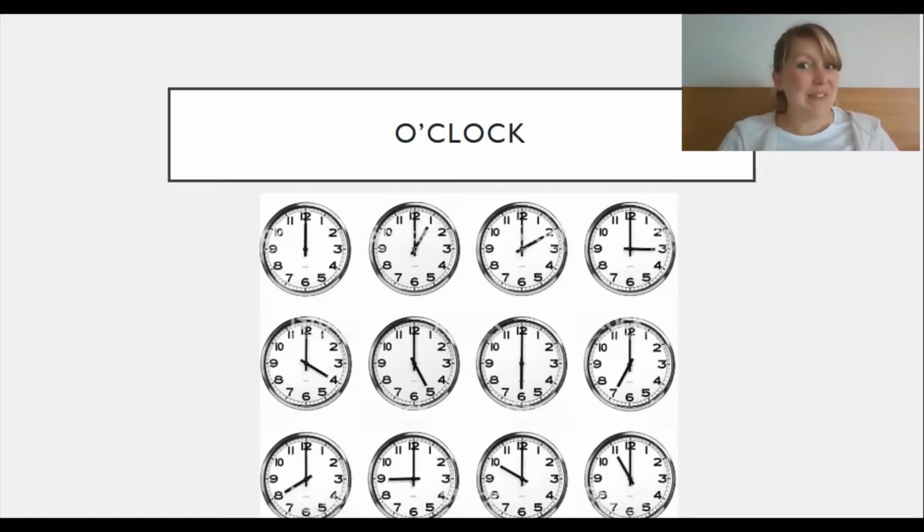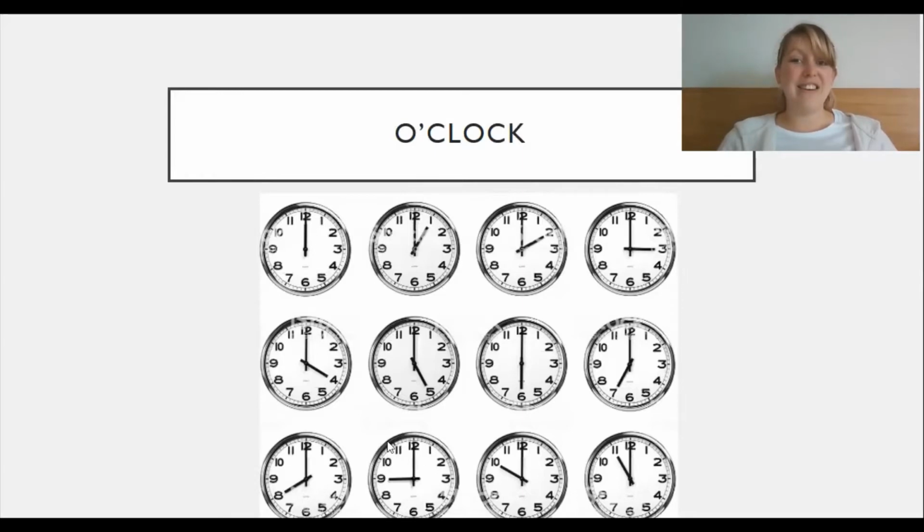Would you like to play a game? I'm going to move my mouse over a clock and I want to see if you can shout out what time it is. Are you ready? Because I might be very, very quick. 3, 2, 1. That's right, 7 o'clock. 3, 2, 1. That's right, 1 o'clock. 3, 2, 1.